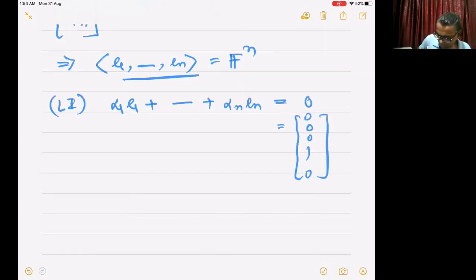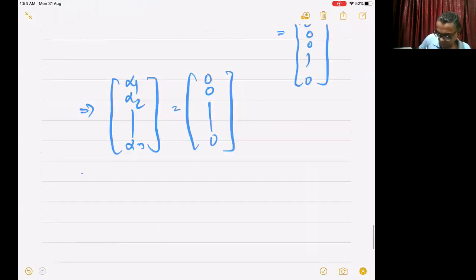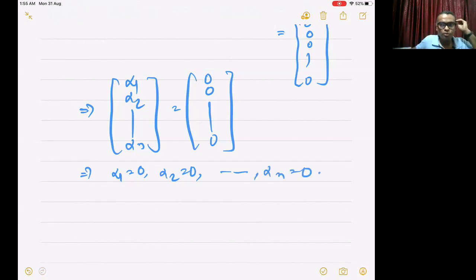But this linear combination means this is alpha 1, alpha 2, dot dot dot, up to alpha n, and that is equal to 0, 0, dot dot dot, up to 0. So this obviously means alpha 1 is 0, alpha 2 is 0, dot dot dot, alpha n is also 0. All the coefficients are 0. So the only linear combination that goes to 0 is the trivial linear combination.